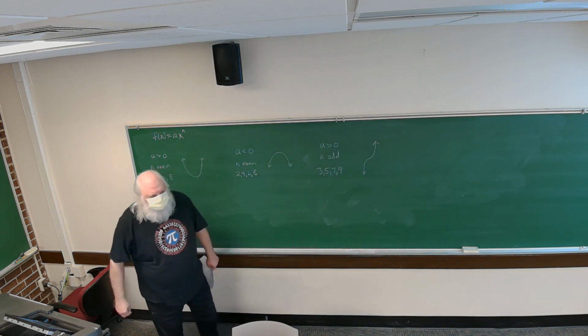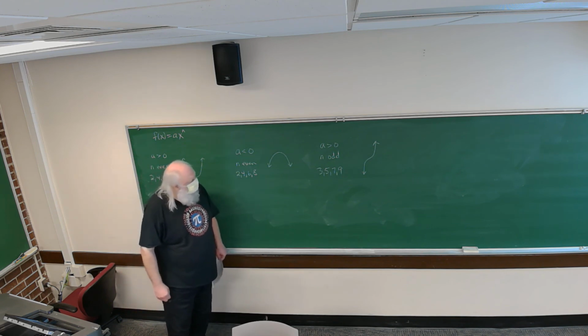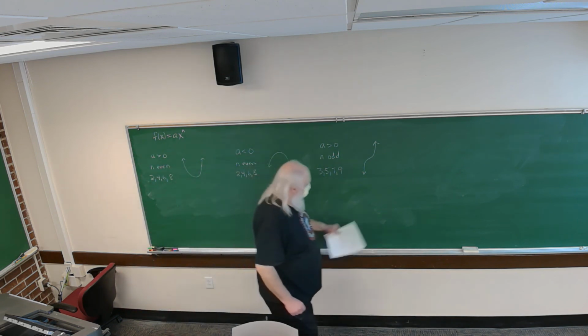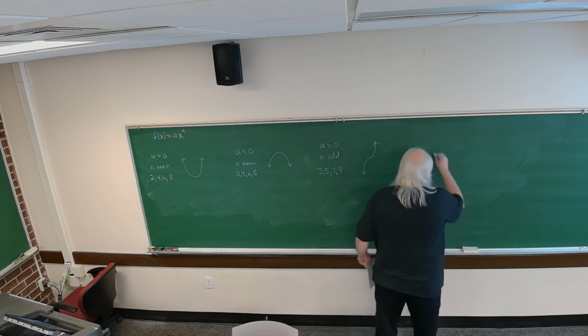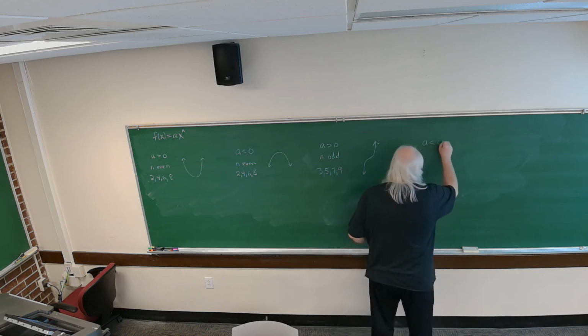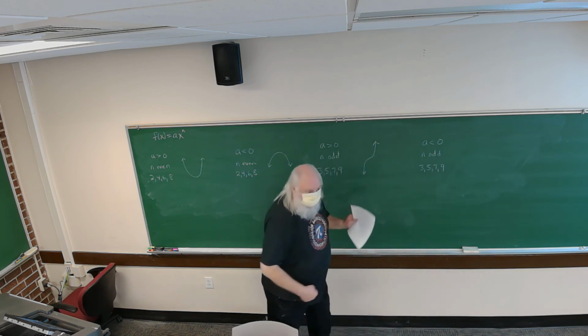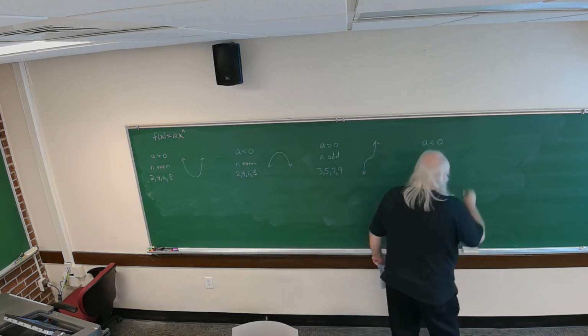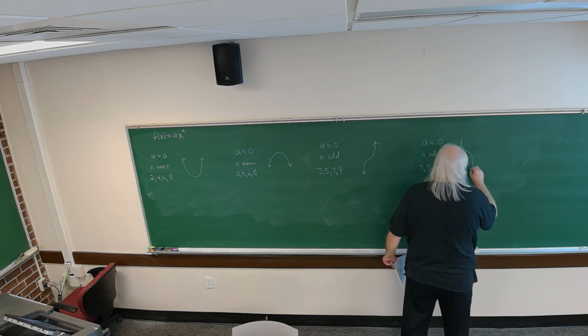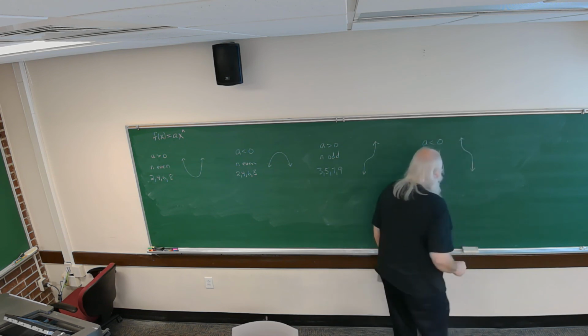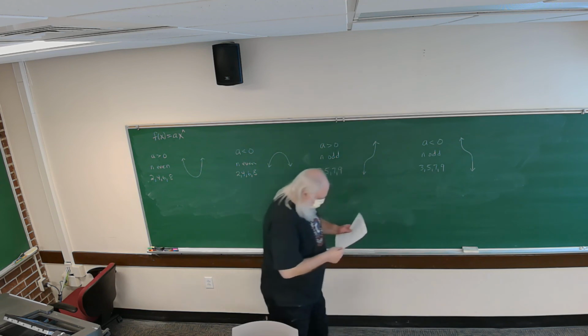Left end goes down, right end goes up. And if a is negative, last graph, and n is odd, then the graph is flipped over. The left end goes up and the right end goes down.